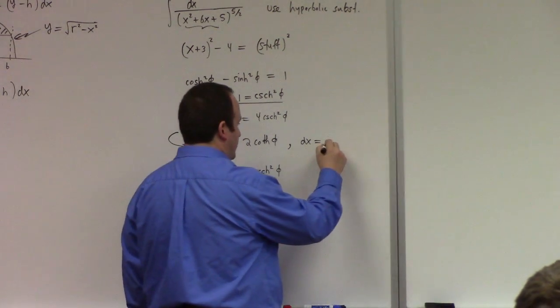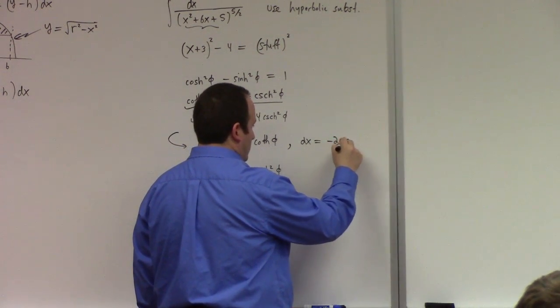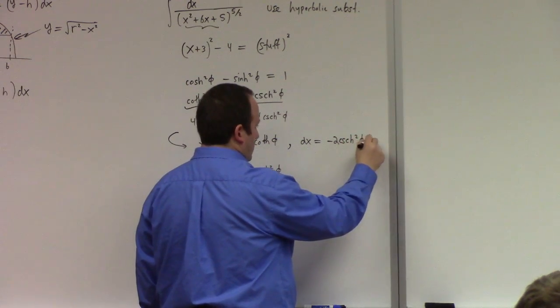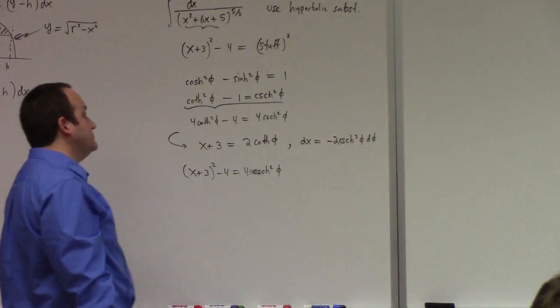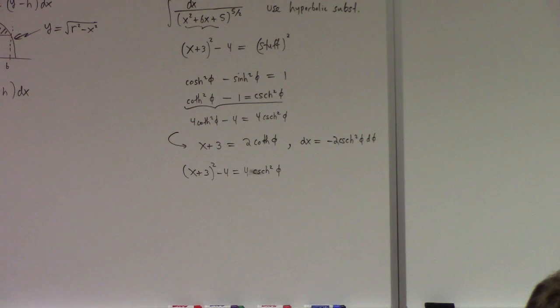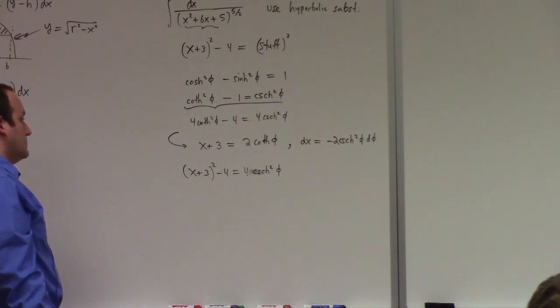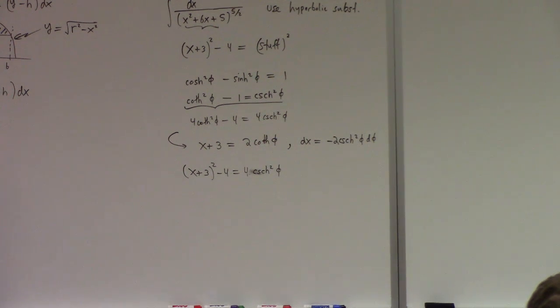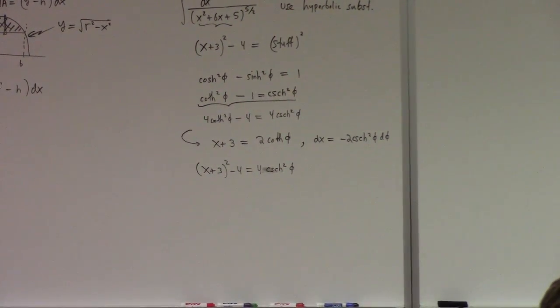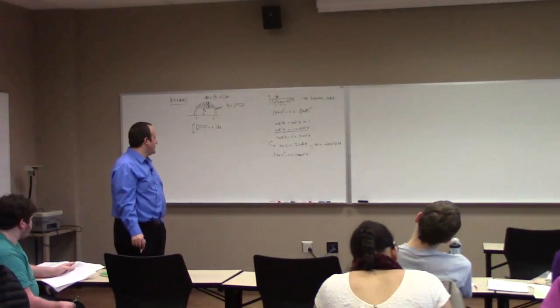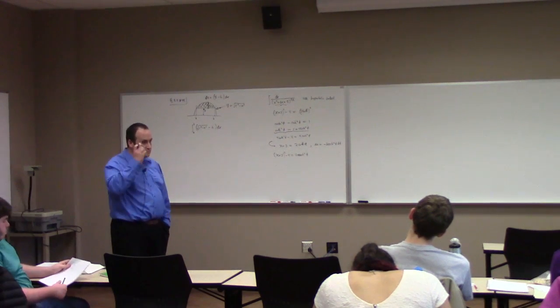I think it's minus 2. Right. Could you make x plus 3 equal 2 secant theta as well? I said to use a hyperbolic substitution though. Yeah, if we were using a trigonometric substitution, I think you're right, we would make a secant substitution.